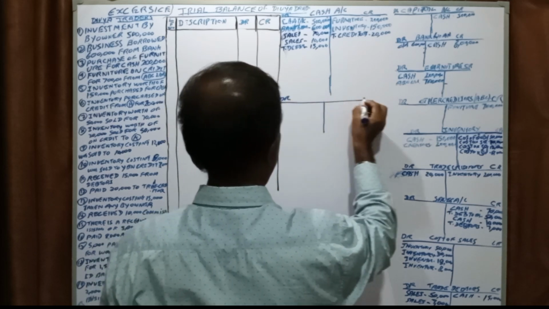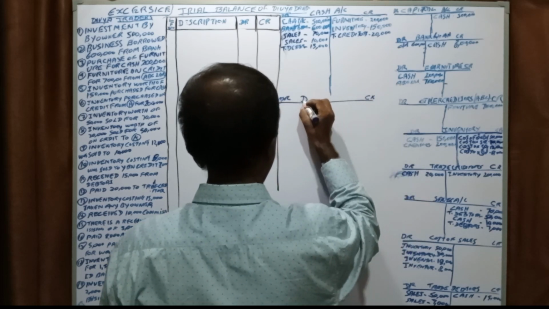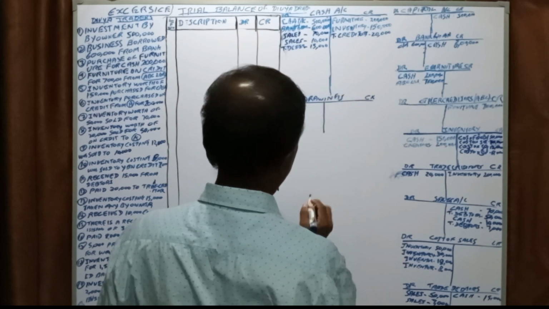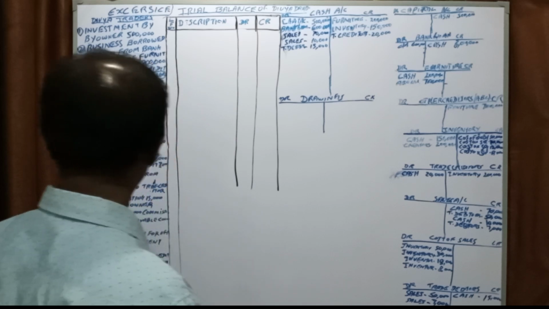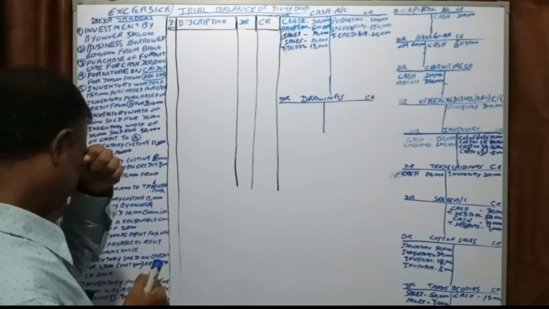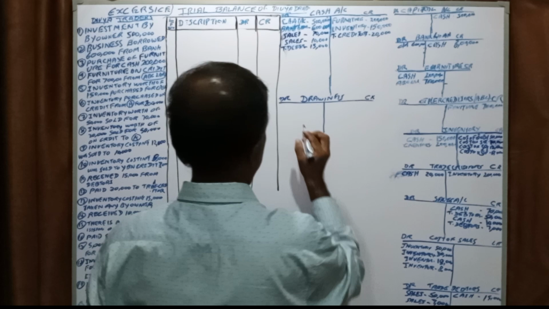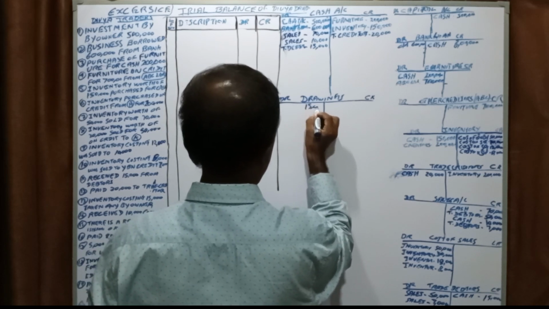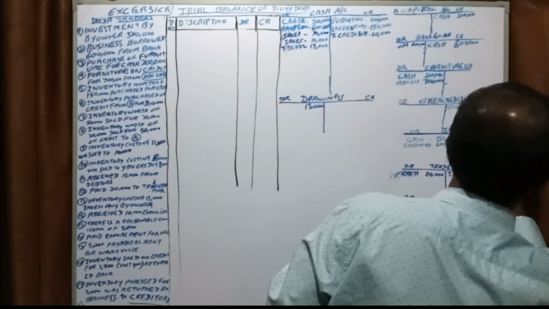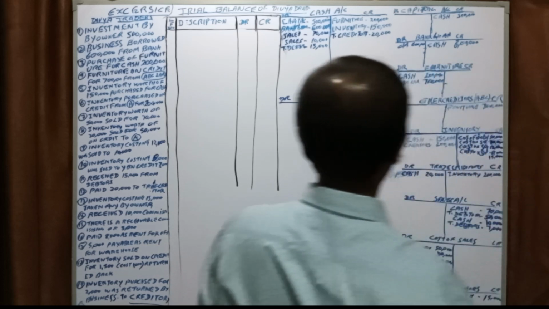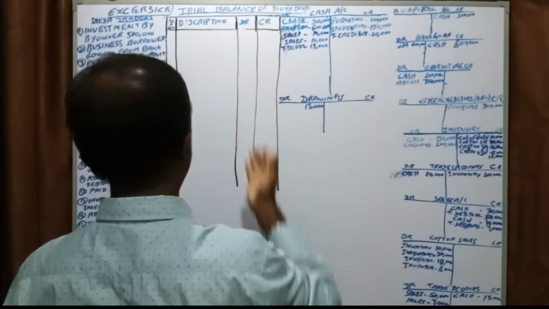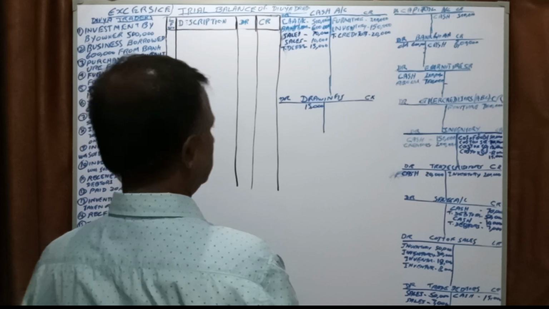The drawings account is debited 15,000, and the inventory account is credited by 15,000, because 15,000 worth of goods was taken away by the owner.